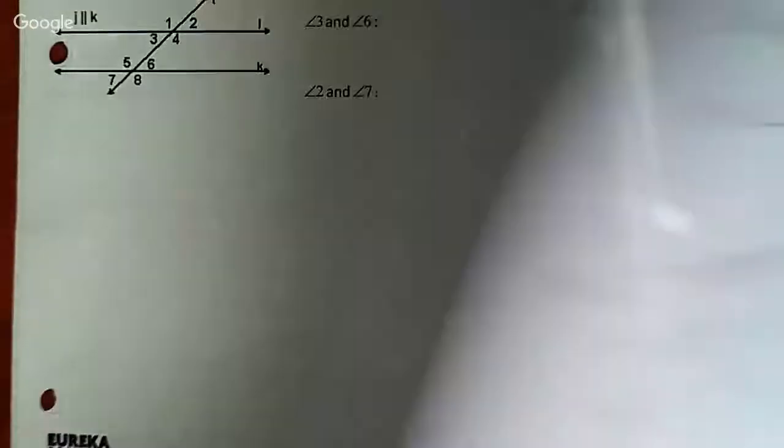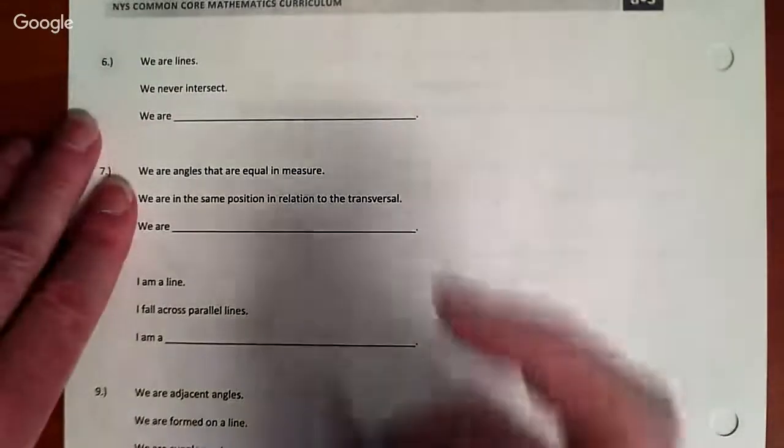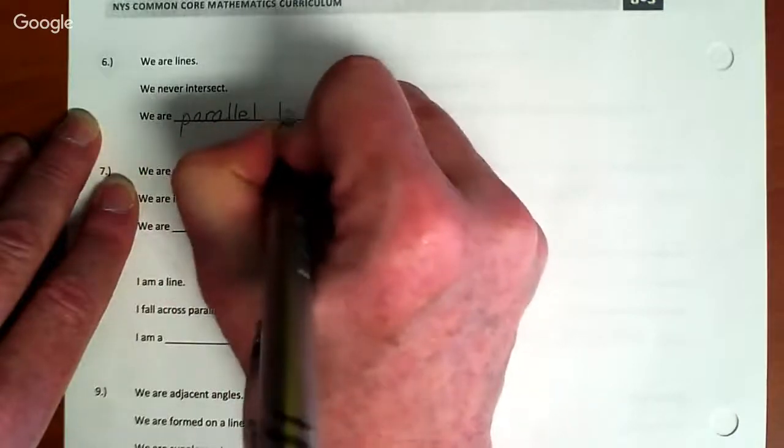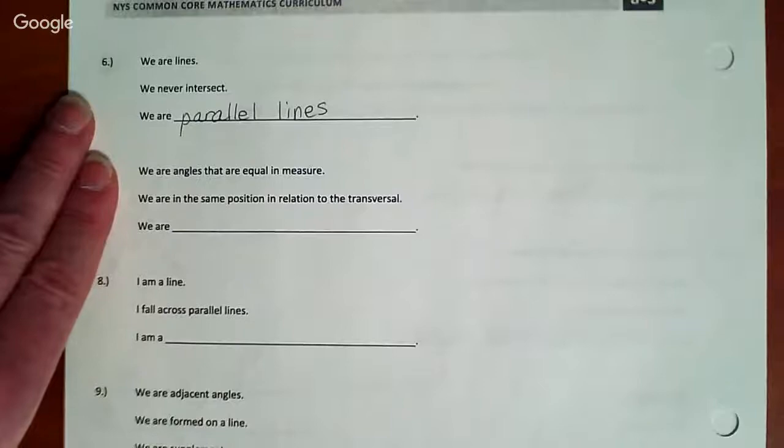Okay. Next, we are lines. We never intersect. We are parallel lines. We are angles that are equal in measure.